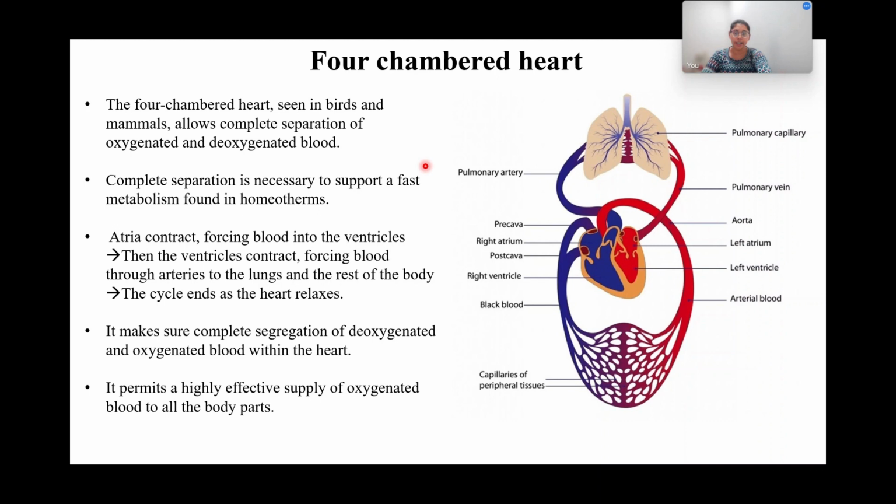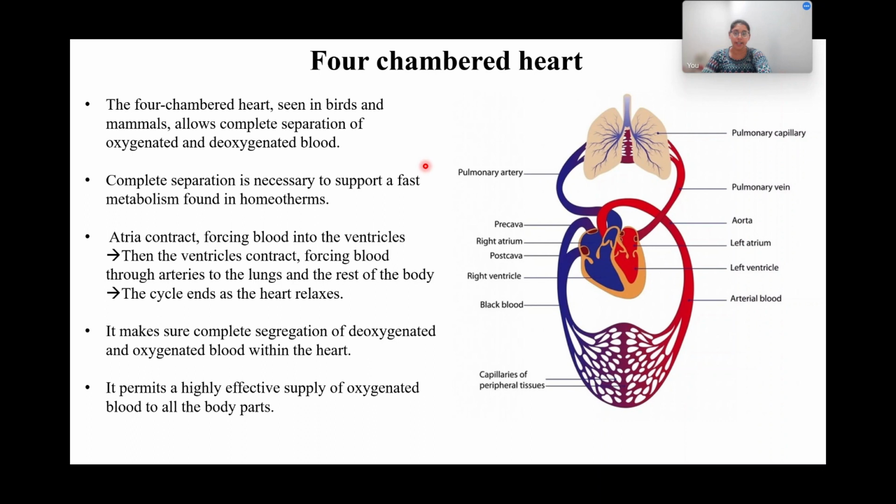So what happens in this kind of heart is, first the atria, because the atria receive the blood, will contract. They will force the blood into the ventricles. The ventricles will then contract and force the blood through the arteries to the lungs and the rest of the body.